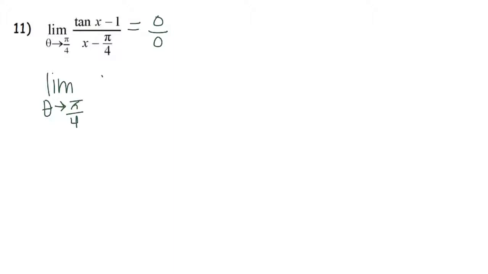The derivative of tangent is going to be secant squared theta times the derivative of the angle, but that's okay. Well, we had x, so oh well, it'll all work out in the wash. So secant squared theta minus 0 over 1. And so when I evaluate all of that, I get secant of pi over 4 all squared.